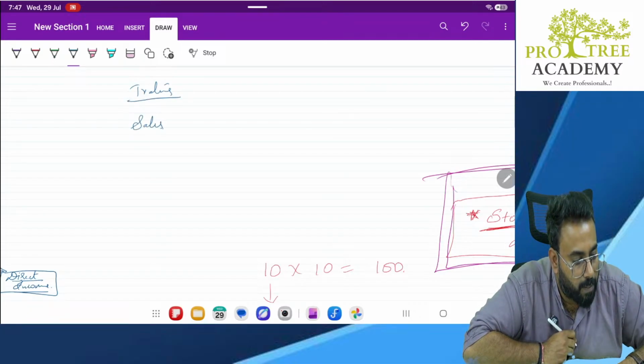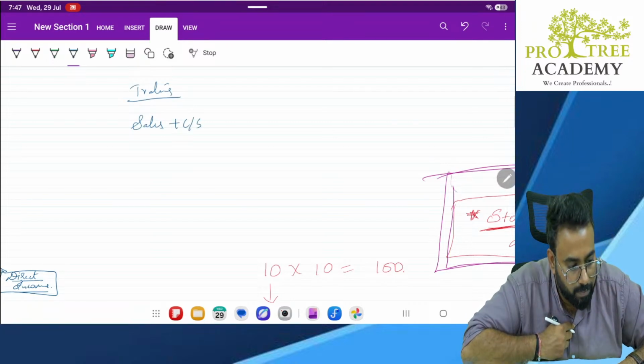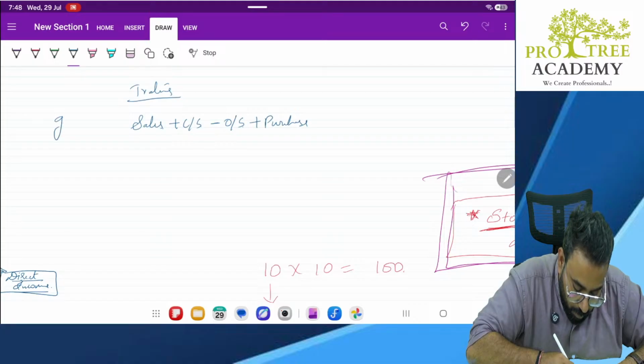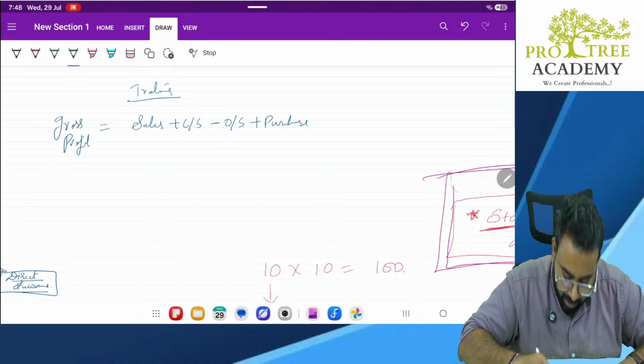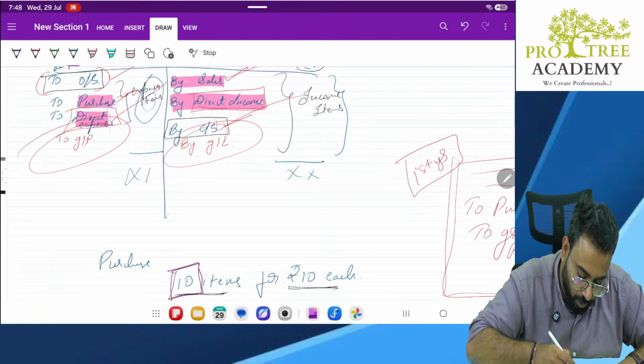Sales plus closing stock minus opening stock plus purchases will give me gross profit. Can I put the equation like this? Okay, I'll write the equation here only for your understanding.